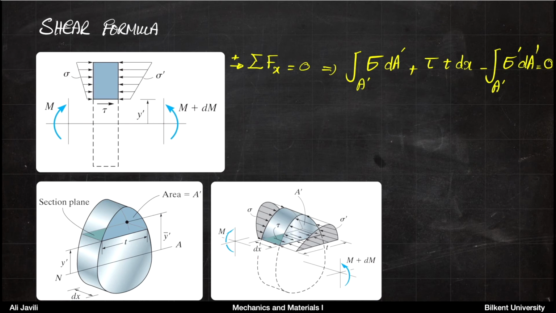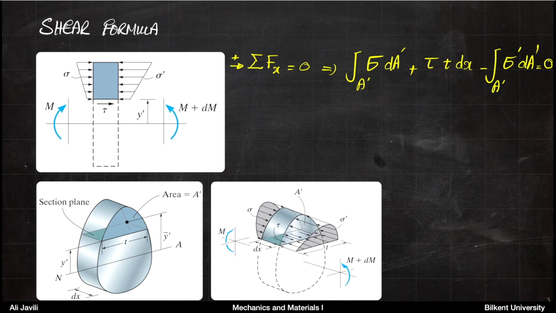And then the direction is towards right, so you would get a force tau times T dx. And then again, this is basically your dA area. So the sum of all these must be 0. That's your equilibrium.